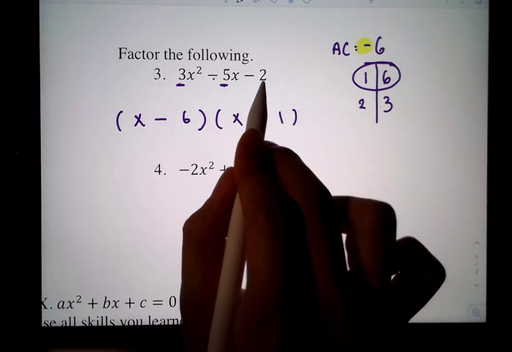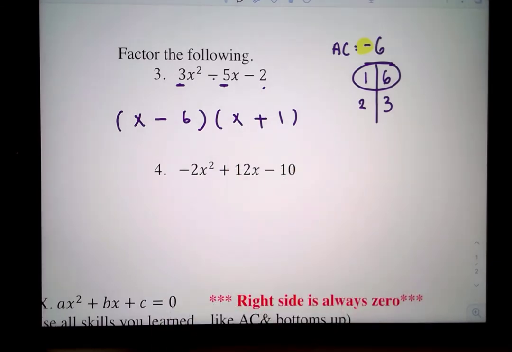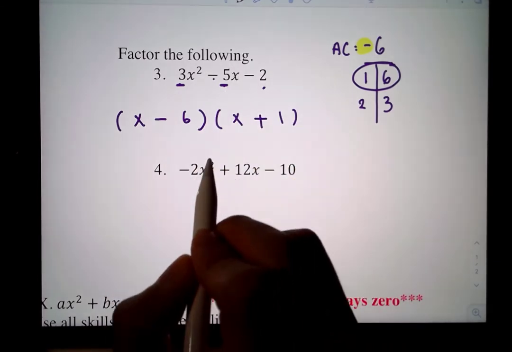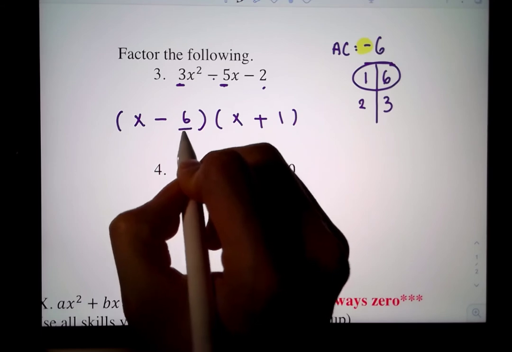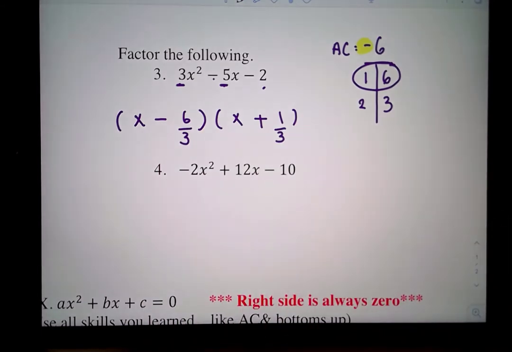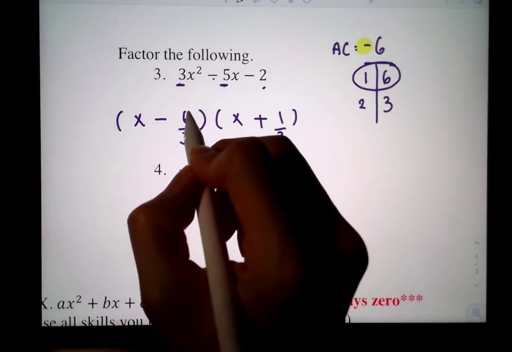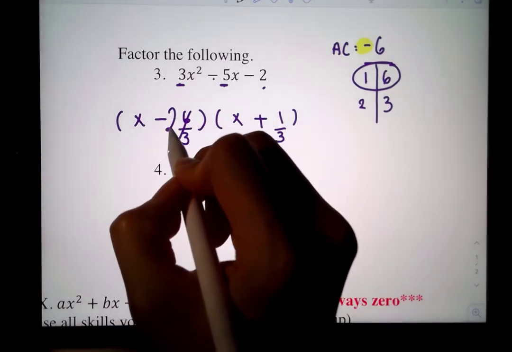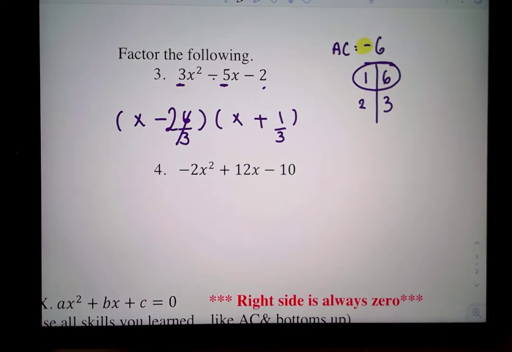And the numbers are not matching because we need to divide by 3, right? We didn't divide it by 3 yet. So you divide by 3, divide by 3. If you can simplify it, you just leave it like that. If you cannot simplify it, you need to put the bottoms up, right? So that's 2, right? 6 over 3 is 2.